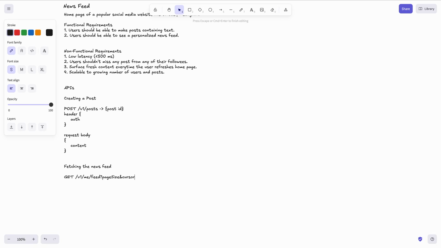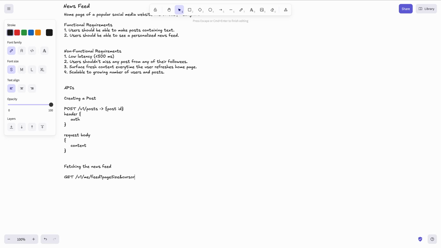So page size tells how many posts we want to return in a single page, for example, 20 posts. And the second parameter is also very important. It is the unique identifier of the last post a user saw, like its ID or a timestamp.